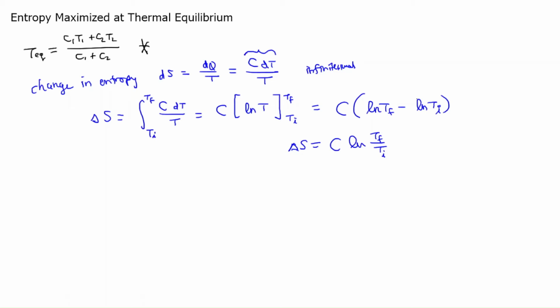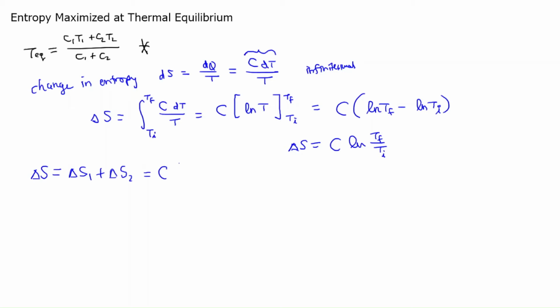Now, I have two parts to this system. So delta S total is going to be delta S for subsystem 1 plus delta S for subsystem 2.